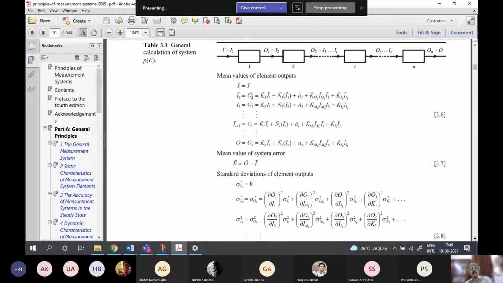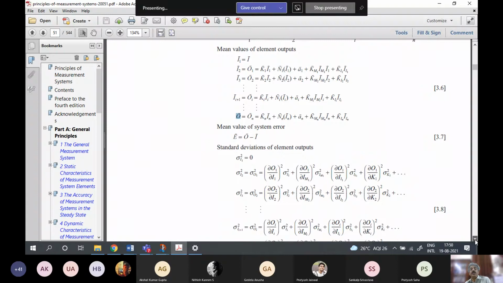Once you get O1 bar, you can treat it as I2 bar because I2 is nothing but O1, and then use I2 bar as O1 bar in this expression to get O2 bar and so on. So you can do it for any number of blocks to get the mean value of the final output. That's very easy to understand.